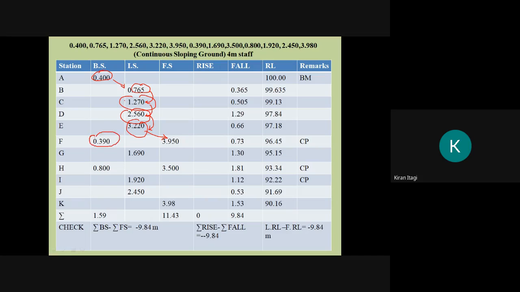Then you have to come here, previous minus preceding, and previous minus preceding. If you get positive, write it here. If you get negative, write it here. Okay. So this is how we will calculate the levels or reduced levels for respective stations.